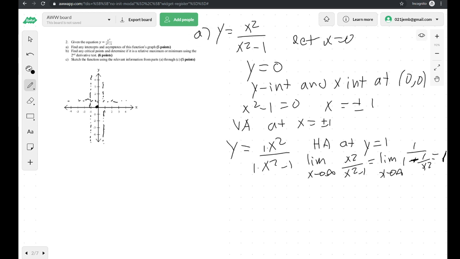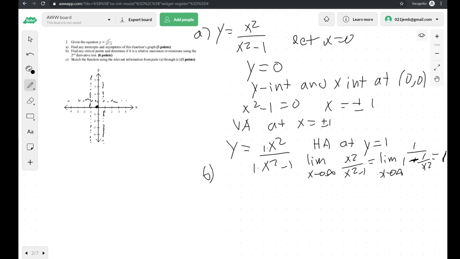Part B is asking to find the critical points and determine if at those critical points we're going to have either a relative maximum or a relative minimum, using the second derivative test.